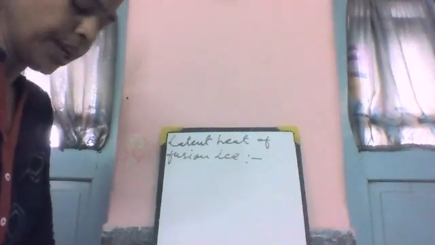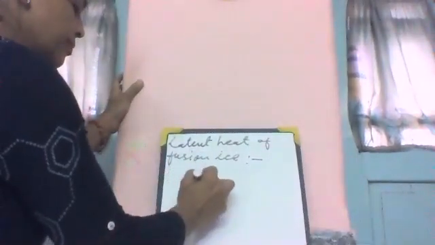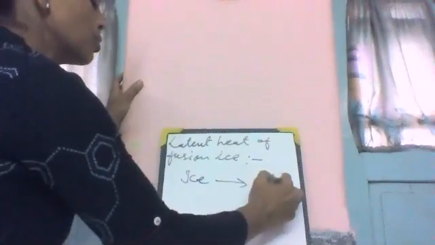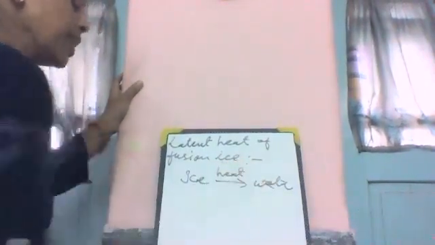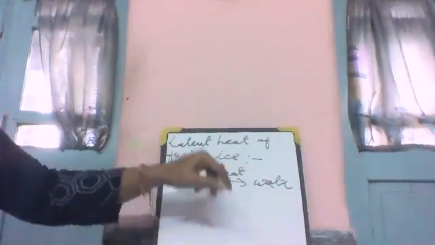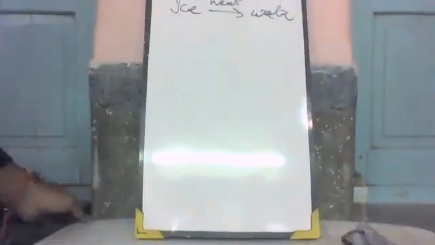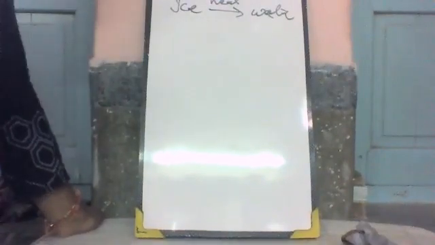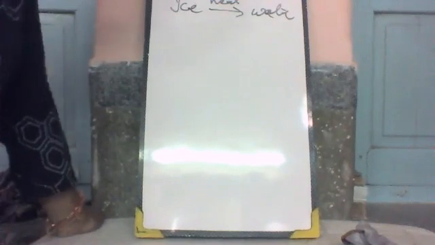The amount of heat energy required by ice to change into water. Let's say ice changes into water. Some amount of heat, some energy, is required to melt it, and this amount of heat is known as latent heat of fusion.